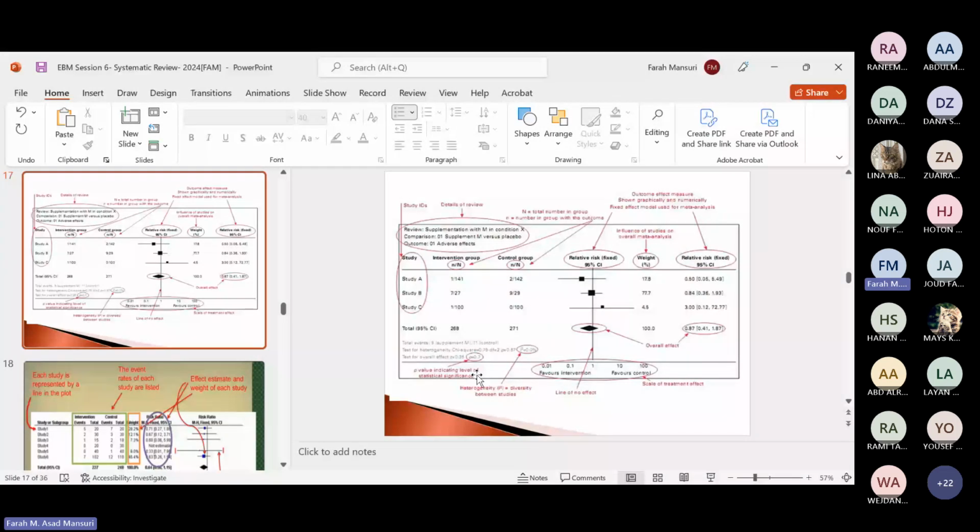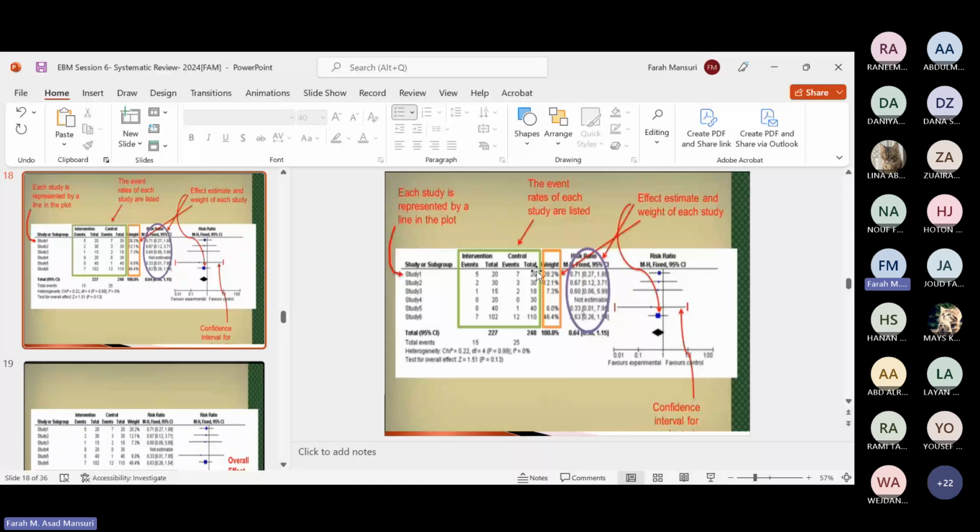If it is less than 0.05, it is significant. If it is not, that indicates no statistical significance. So this I square is important in order to see heterogeneity. And the figures given in the brackets are the confidence interval, which we see in the next slide.